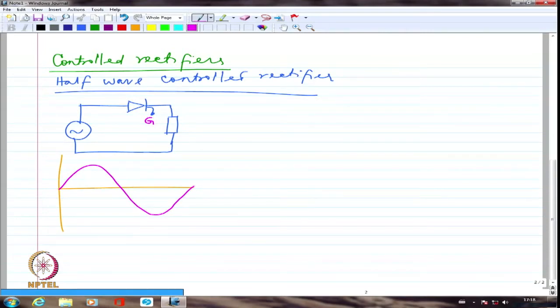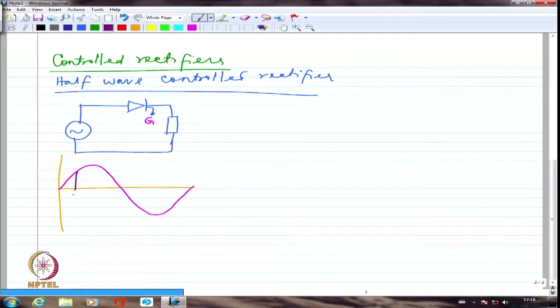One is it has to be forward biased. The second is I have to give a sufficient gate pulse. And of course, after giving that, the current has to exceed the latching current value. Only then it will continue to conduct. So I may choose to fire it somewhere here, maybe around 35-40 degrees. I am going to give the gate pulse only at this point. I will not give the gate pulse before that.